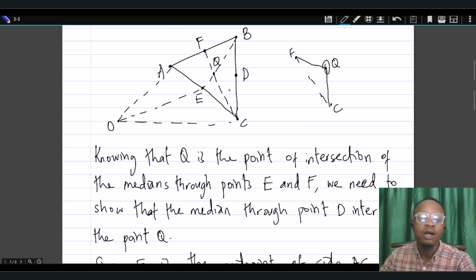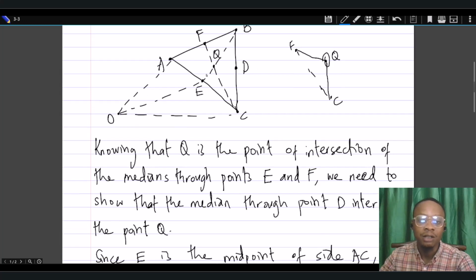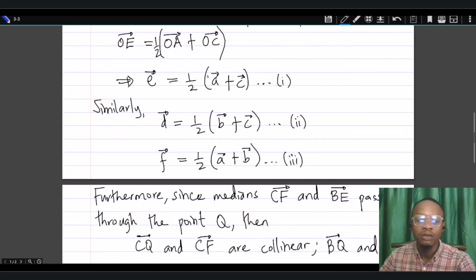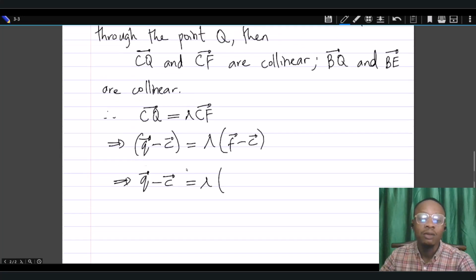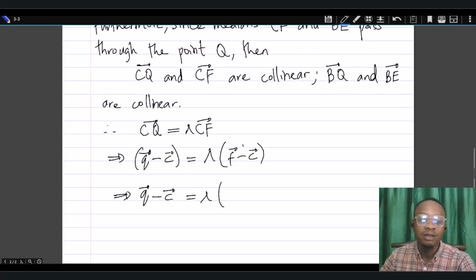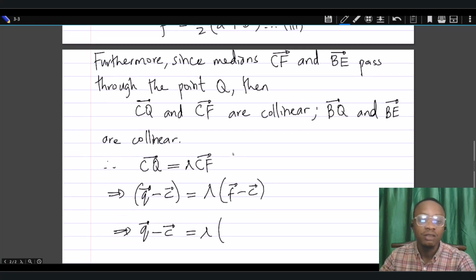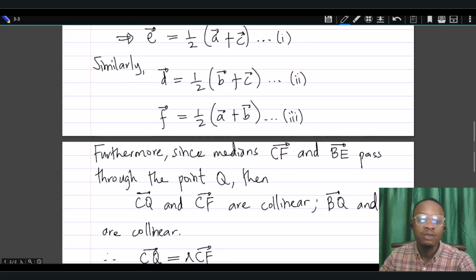We'll come back to make use of that in establishing that indeed this line AD will pass through the point Q. So how do we go about that? We have an expression for that here already, so we just need to simplify further. What do we do here? The only thing that is not of ABC here is the point F, or the position vector of the point F. So how can we get rid of that?